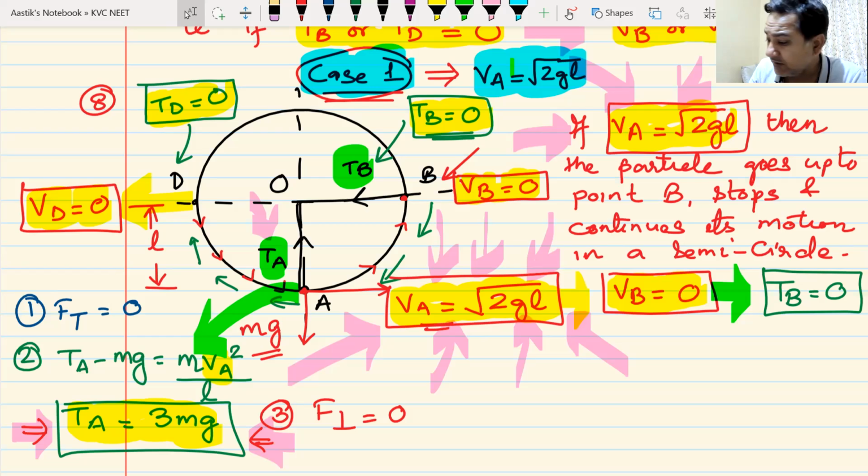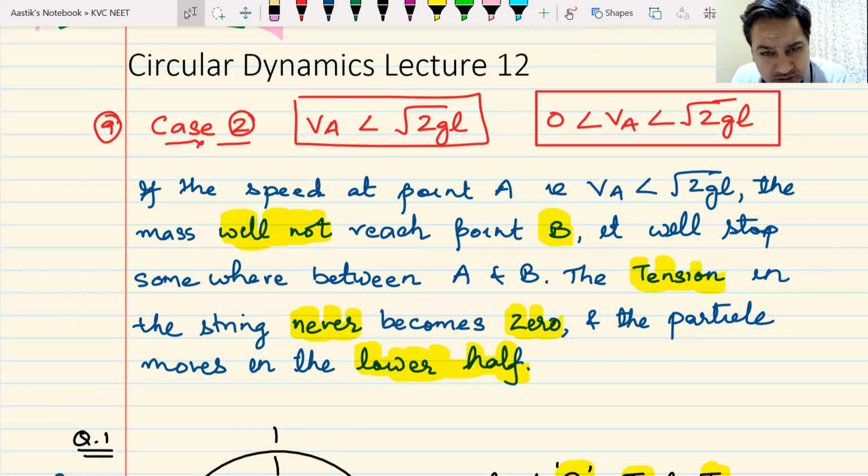If my speed at the lowest point is less than root 2gl, then it will not reach the point B. It will stop somewhere in between. Speed will become zero, but the tension will not become zero. It will keep on moving in the lower half.